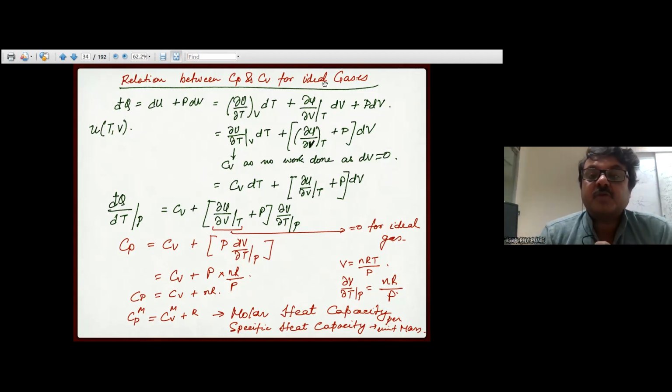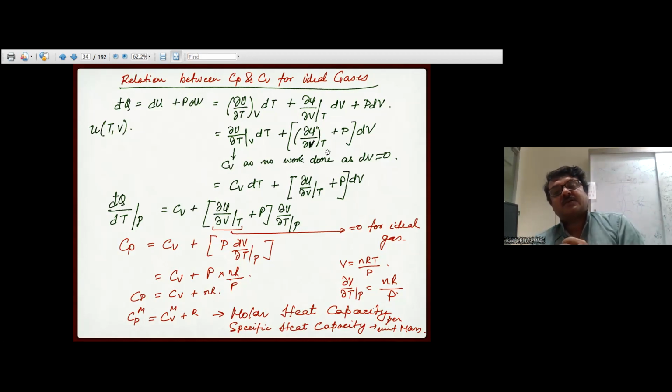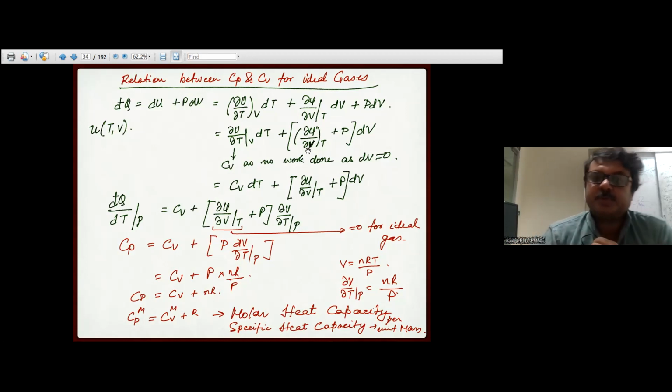And moreover, you know, for ideal gases and only for ideal gases, ∂U/∂V at constant temperature, internal energy does not depend upon volume, right? So this quantity is zero. So what you have done is taken the dV out and written these two. So this relation becomes like this. Now this you know is equal to zero for ideal gas, right?